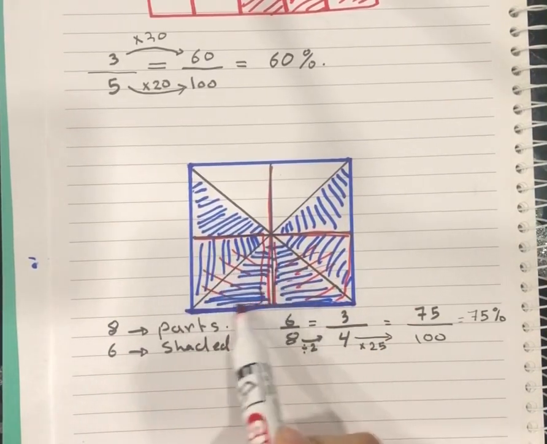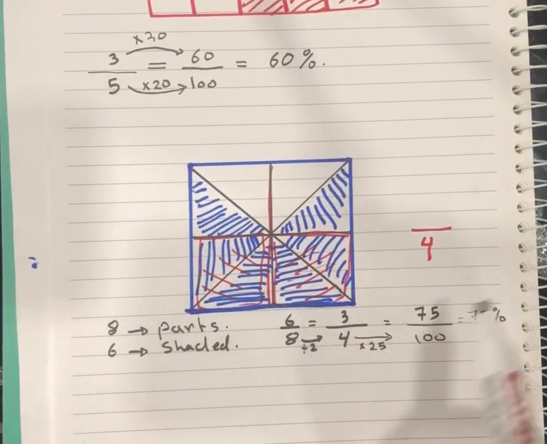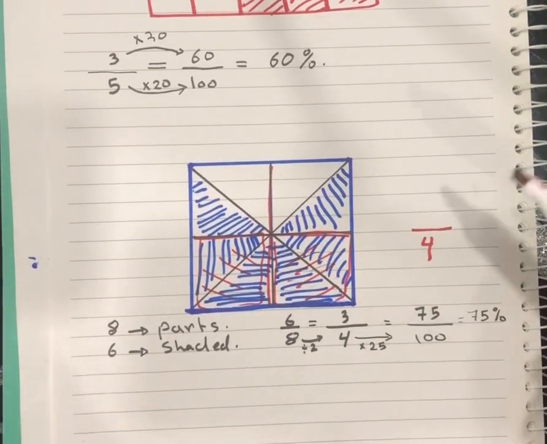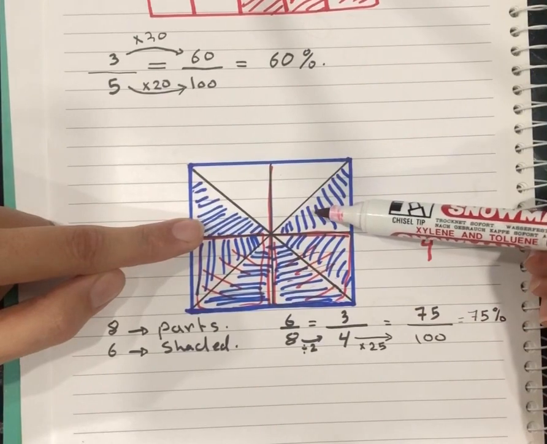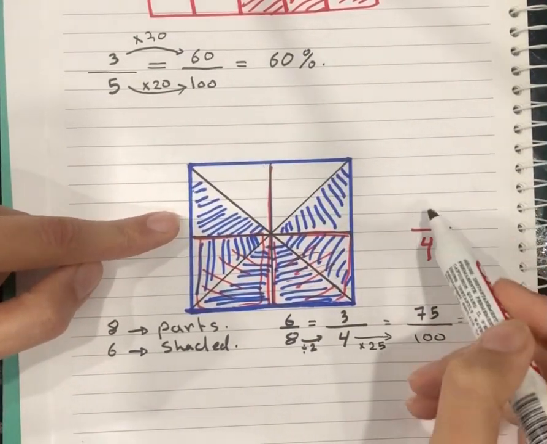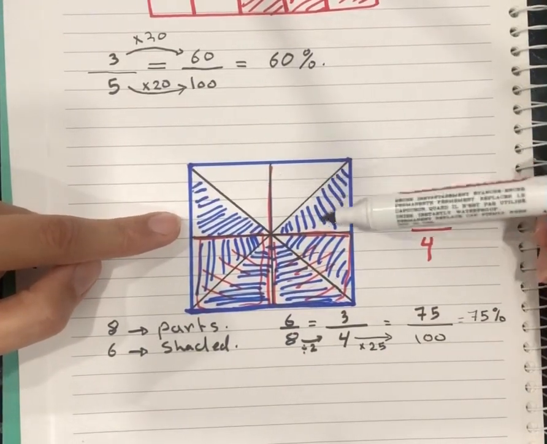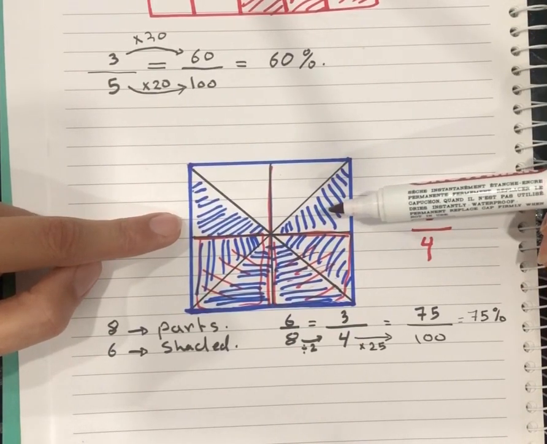That's 1, 2. So I have 4 squares. And out of those four squares, I have 2 whole that are shaded. For these 2, you can say that this triangle and this triangle make up a whole square. So I have 3 total squares that are shaded. And here we will have 1 square left that is not shaded.